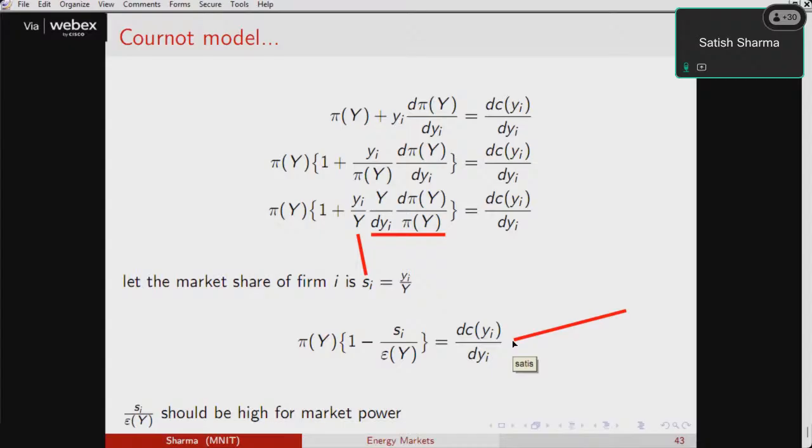The role or the job of the regulator is to check for abuse of market power. In electricity markets there are very big power plants producing a very large chunk of power, so their share is significant and they have the ability to affect the market price.